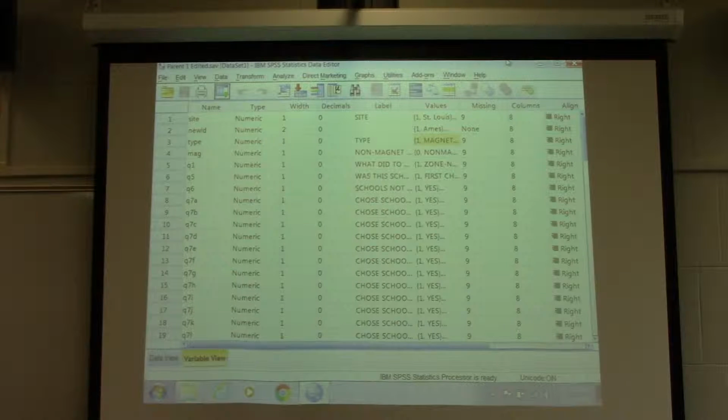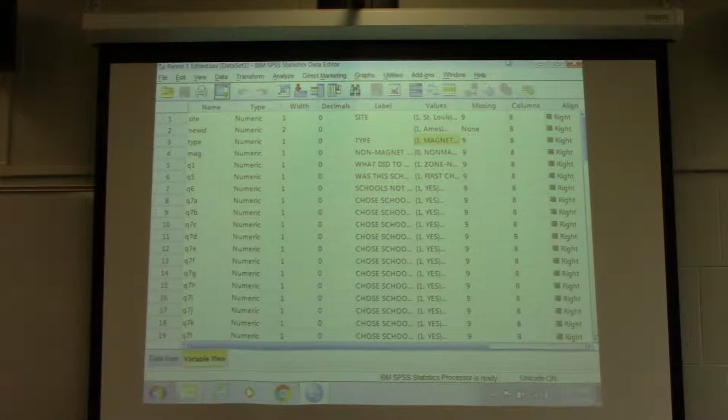But I added that keyword controlling for parent income. So I suspect there's research that says affluent parents are more likely to exercise school choice for lots of reasons. And this is one concern that traditional schools often have with school choice.